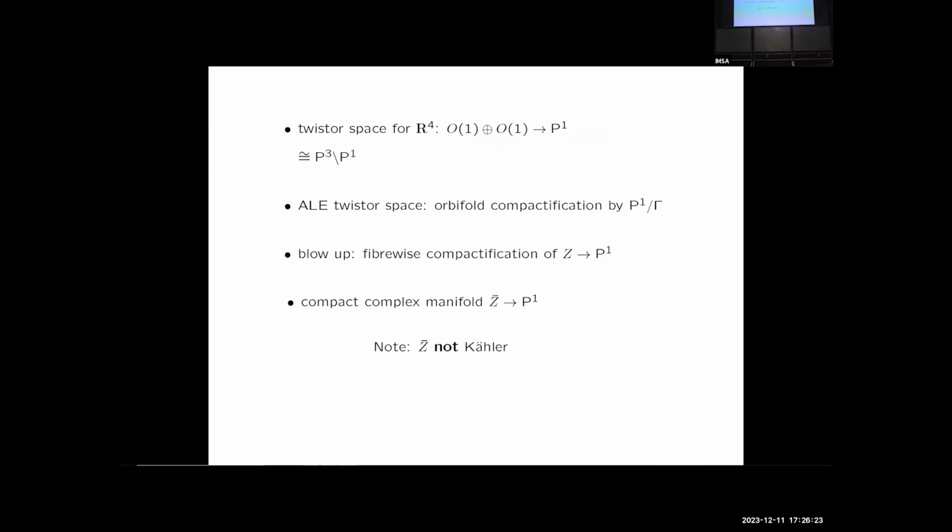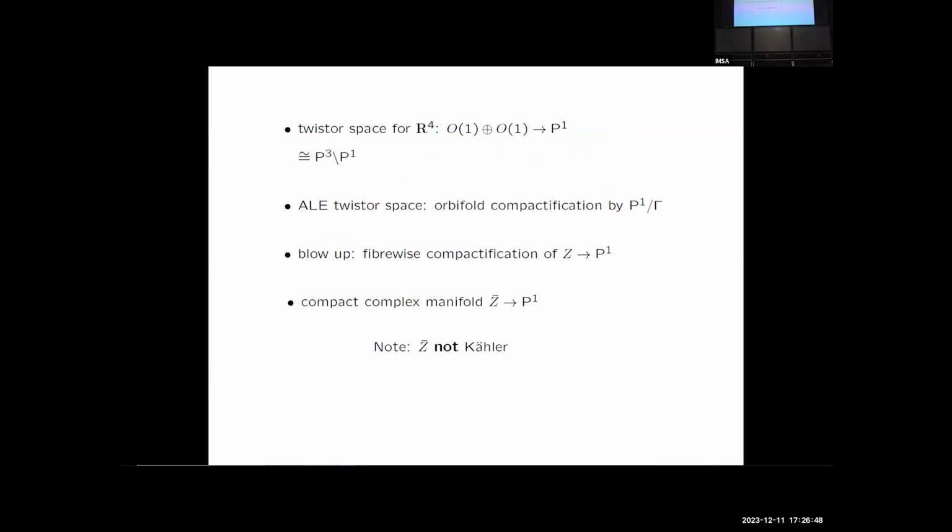So here's a more geometrical approach. It doesn't work in full generality, but it works in the most interesting case. If you look at the twistor space of R^4, then as we heard from Pepe earlier, we can understand that as removing a line from P^3, or we can think of it as the total space of O(1) plus O(1), a rank 2 bundle over P^1.